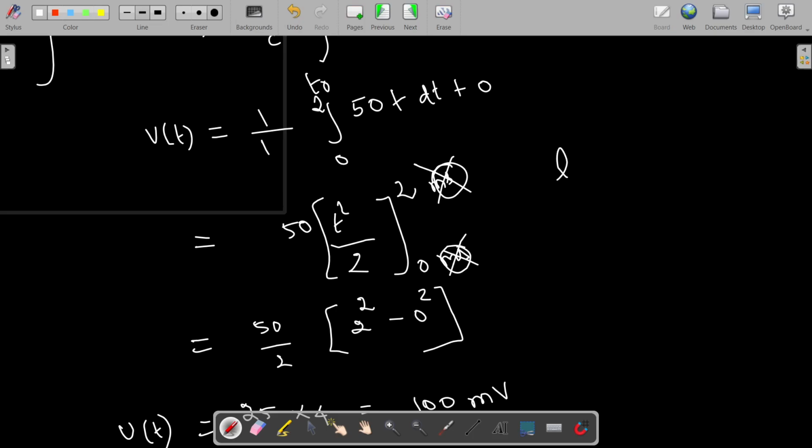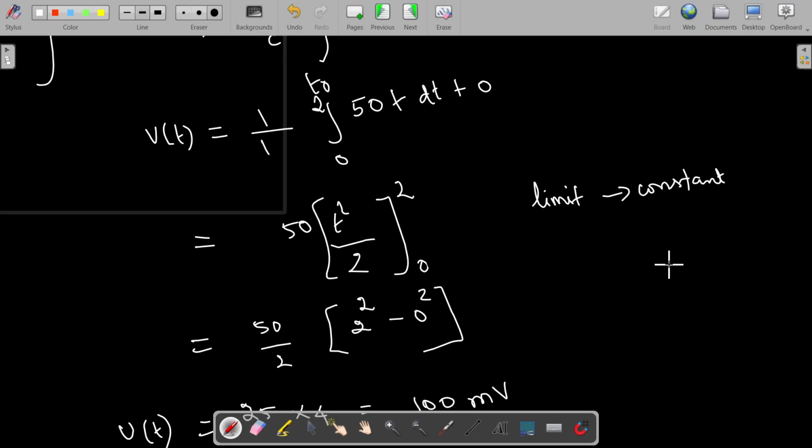You should understand that for definite integrals, when you put the limits, they are constant values only.